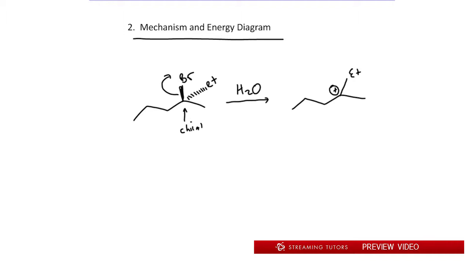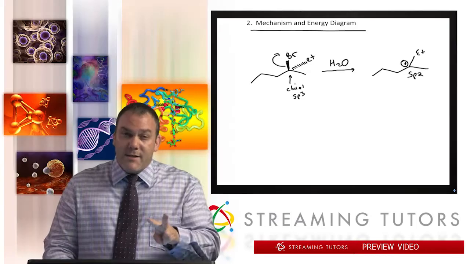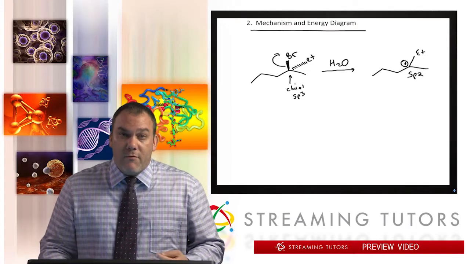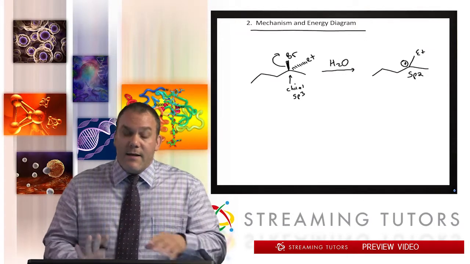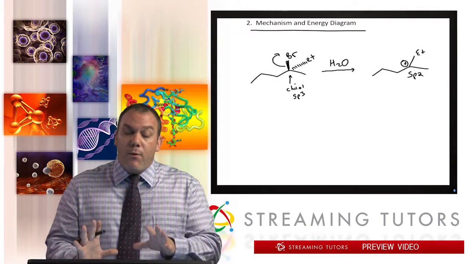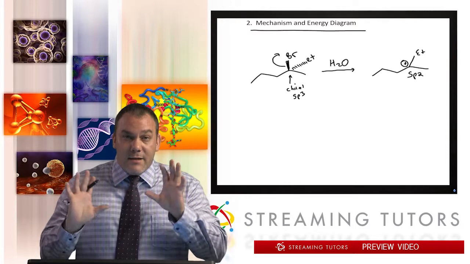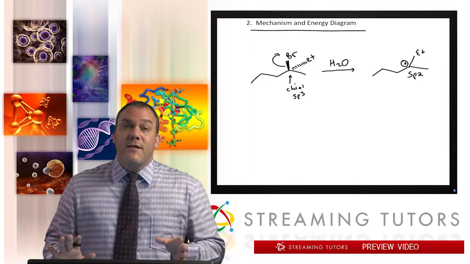But what takes place first is that you make a carbocation. This is sp3 that becomes sp2. Now, a carbon that has only 3 bonds and positive is no longer sp3, it's sp2. So whatever chirality it had, it now lost. Because at this point, there is no chirality. It's a carbocation that lost its chirality.